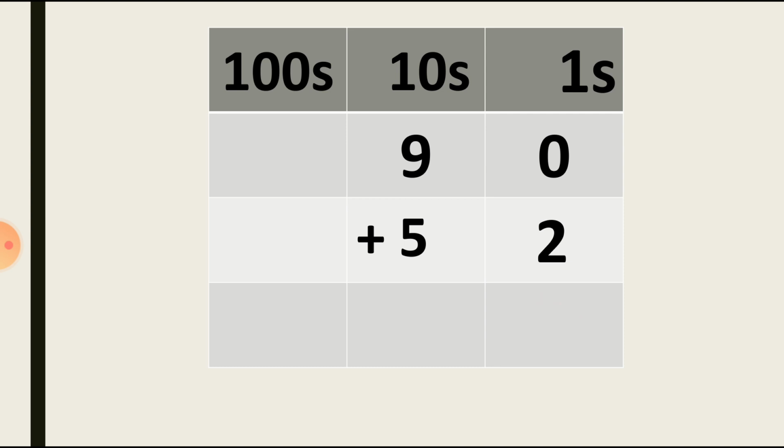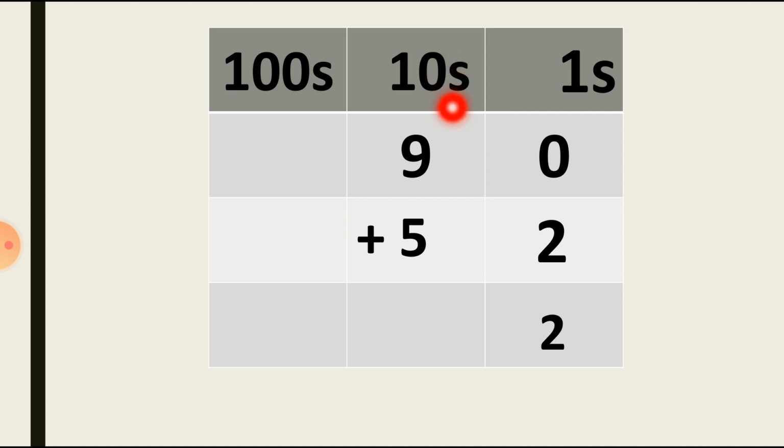Here is one more practice sum for you, students. Here is 0 plus 2 at the ones column. So 0 plus 2 is equal to 2. We can write 2 under the ones column. Then let's move to the tens column. Here is 9 plus 5.